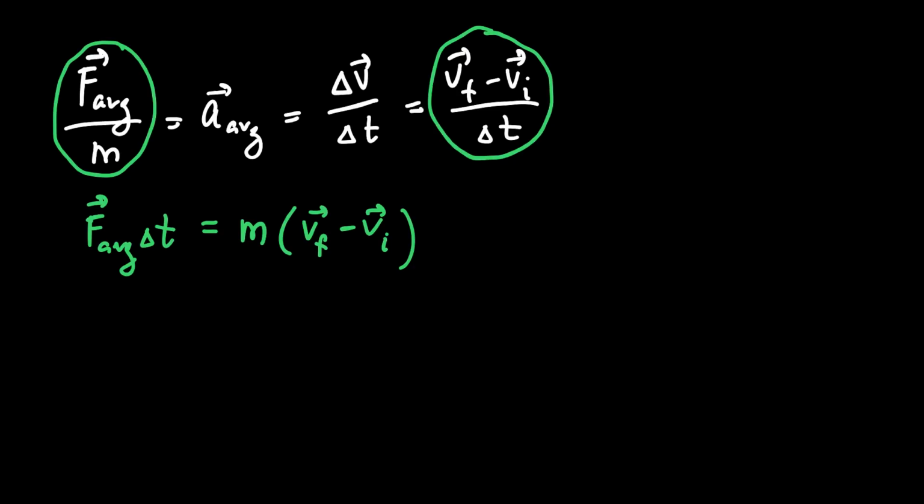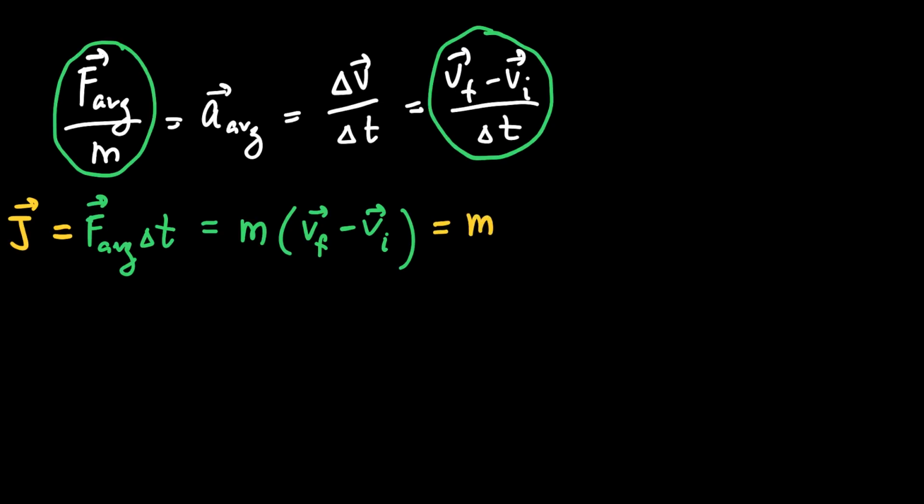And next, I'd like you to recognize that this term on the left-hand side, F average times delta t, is what we just talked about, the impulse, J. And so impulse is equal to F average times delta t, but it's also equal to mass times a change in velocity.